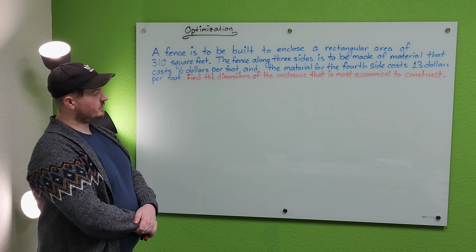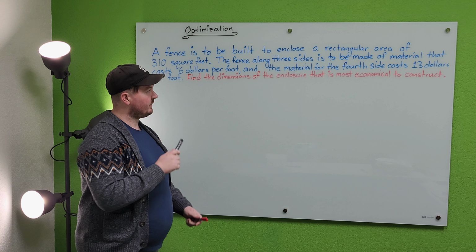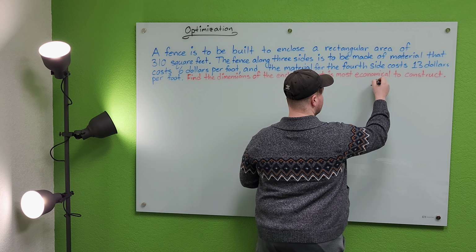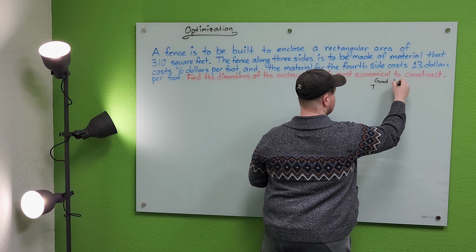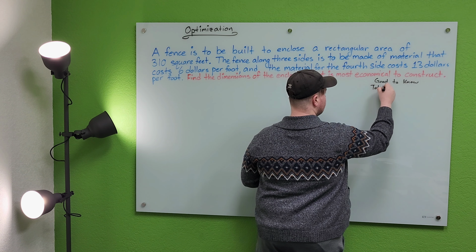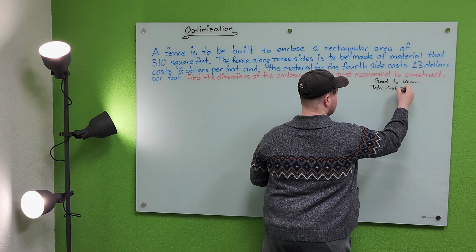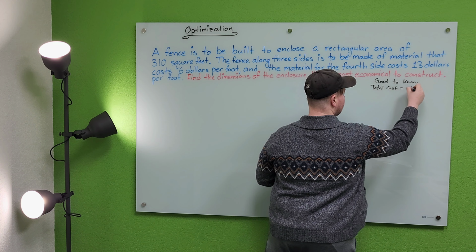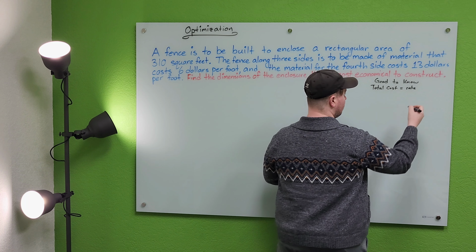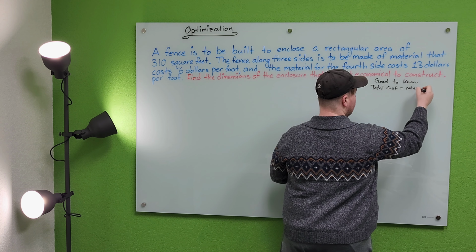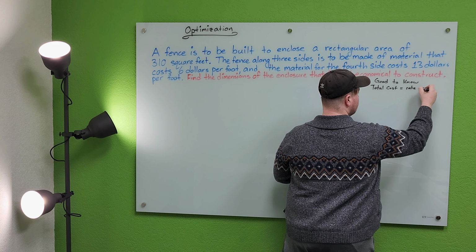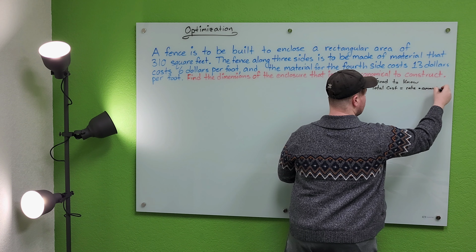Before we jump into this question, I want to point something out about cost. Good to know, total cost is equal to the rate you have to pay, so how much you pay per foot or per dollar or per cup, times the amount you want to buy.